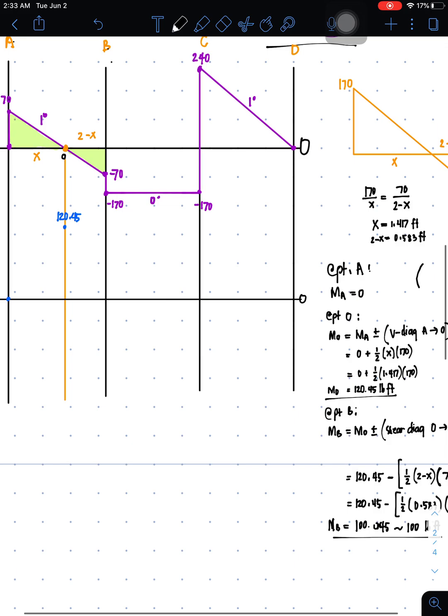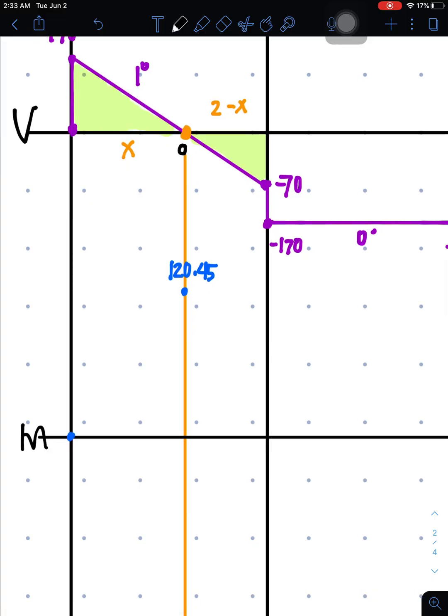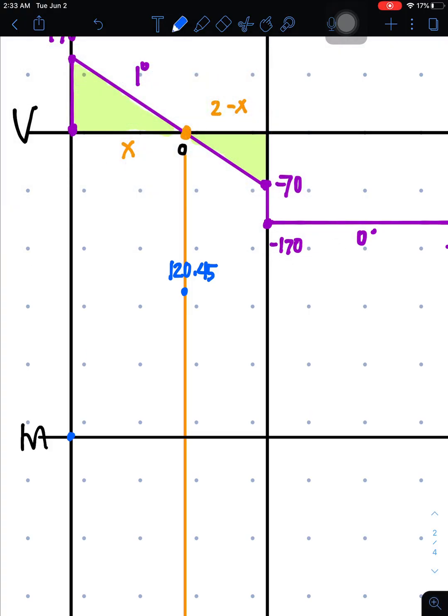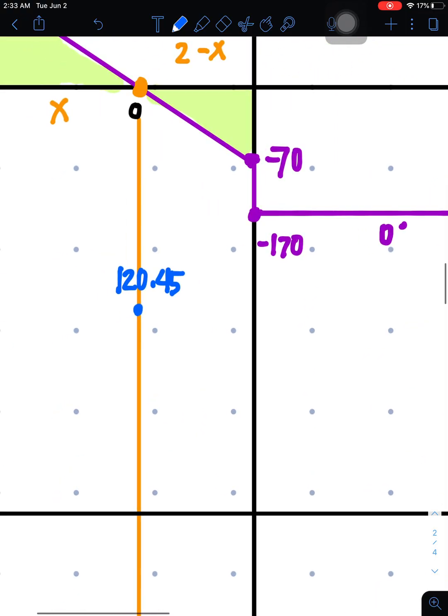We will plot MB as 100. Here, this is point B. So I put point B here, and that's 100.